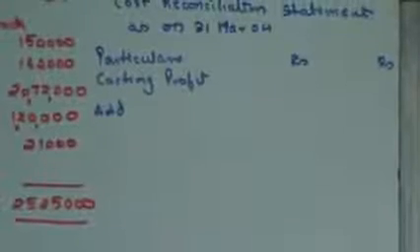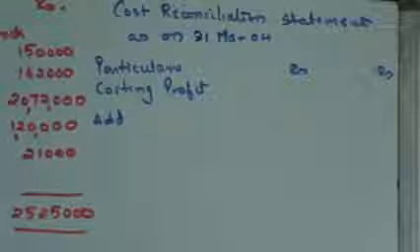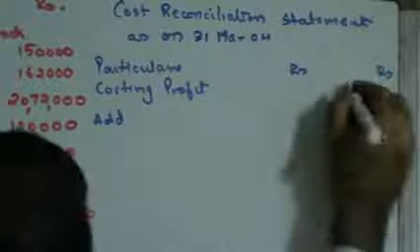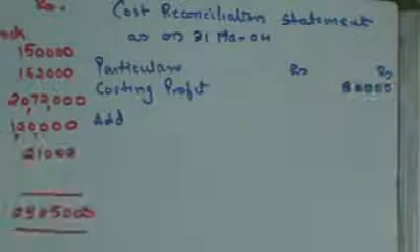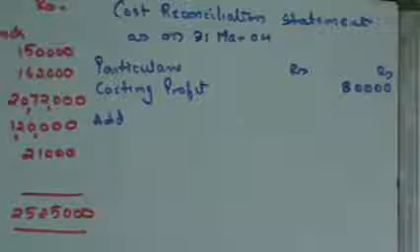Right? Let's see this. Now, costing profit. Costing profit we found out from the cost sheet is 80,000. Right? Now let's see the working note, guys.